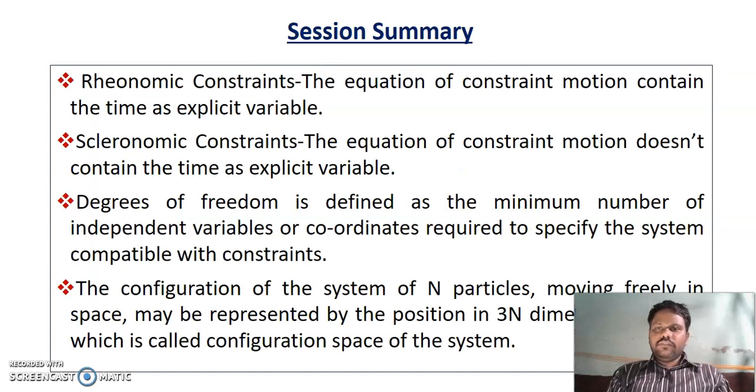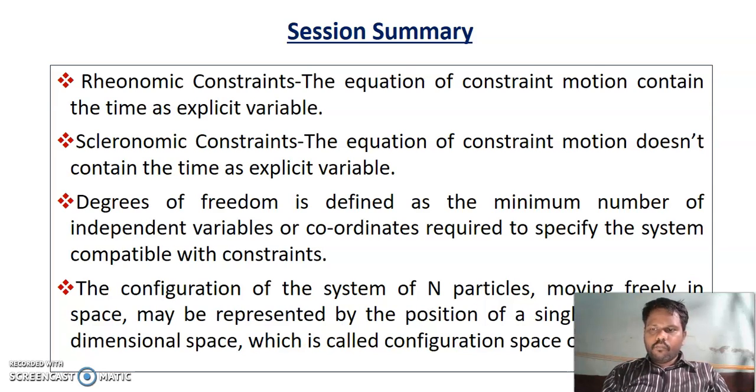So in this session, we learned about the time-dependent constraints known as rheonomic constraints and time-independent constraints known as scleronomic constraints. The degrees of freedom is defined as the minimum number of independent variables or coordinates that are required to specify the system which are compatible with constraints.